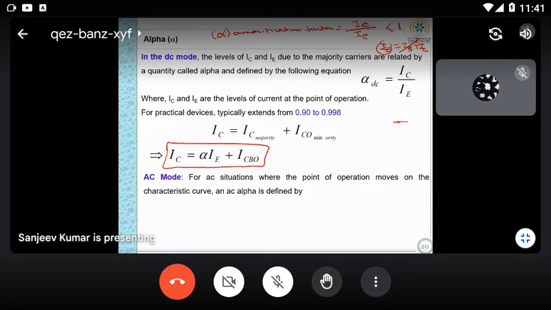This common base amplifier we use for high frequency amplifiers, because in high frequency this amplification is also required, so this type of common base configuration is used there. For AC mode, similarly, it is the same thing: change in IC by change in IE. This is your alpha or amplification factor.